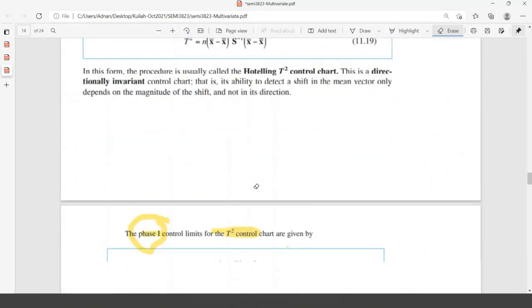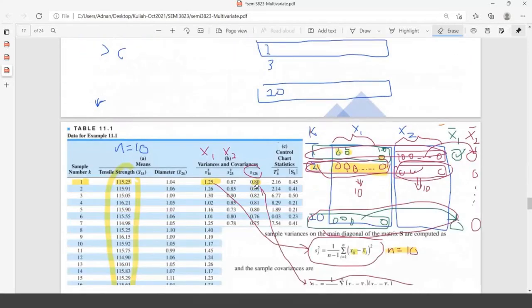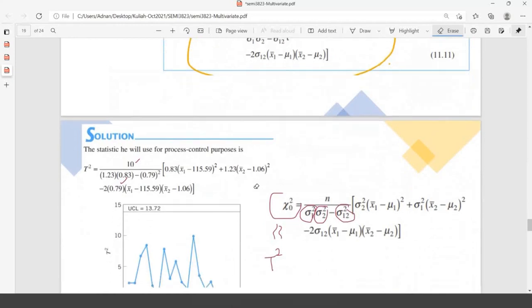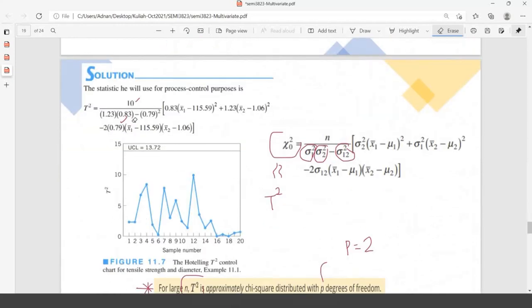So the general formula, because the individual value is different, in this example the T square uses this formula. We just replace the values for variance for tensile, variance for diameter, minus the covariance. But remember, this covariance you have to square.